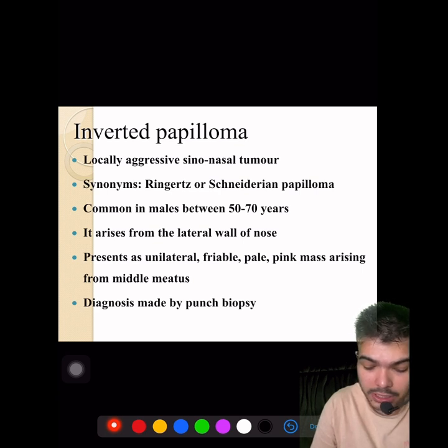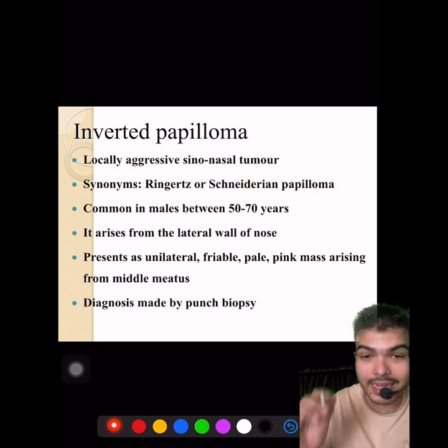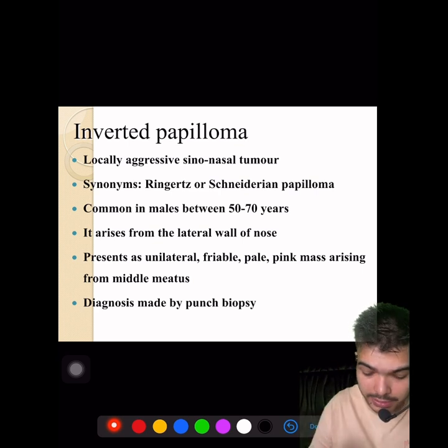Look at the age presentation. It arises from the lateral wall of the nose. A unilateral friable pale pink mass arises from the middle meatus, exactly from the lateral wall of the nose. Diagnosis is made by punch biopsy.